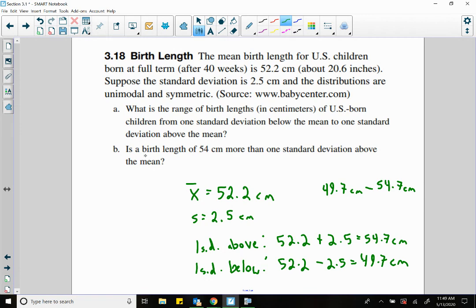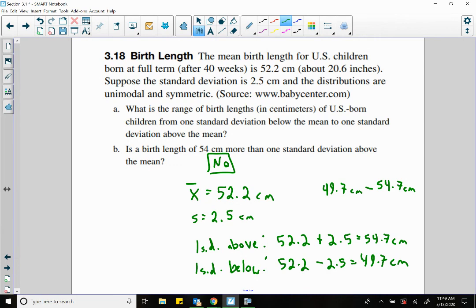Part B says, is a birth length of 54 centimeters more than 1 standard deviation above the mean? In other words, is this number right here bigger than my top value? And no, it is not. So is this more than 1 standard deviation? No. That's what they're asking you on this question.